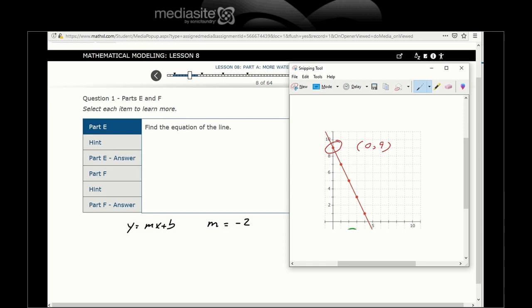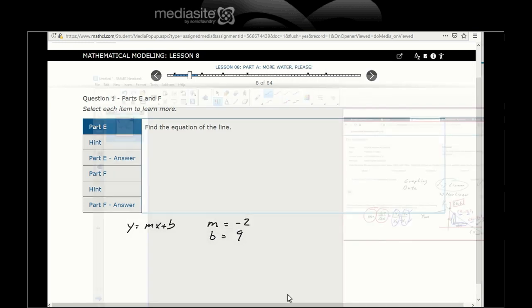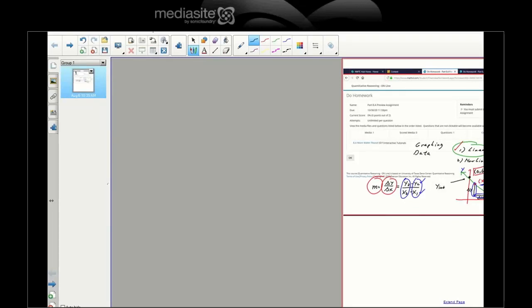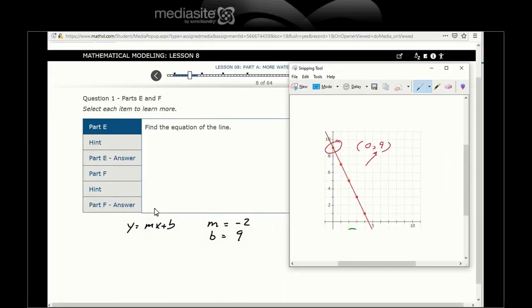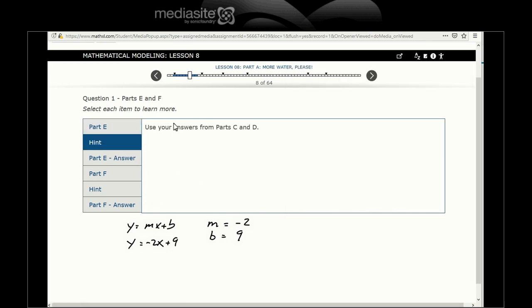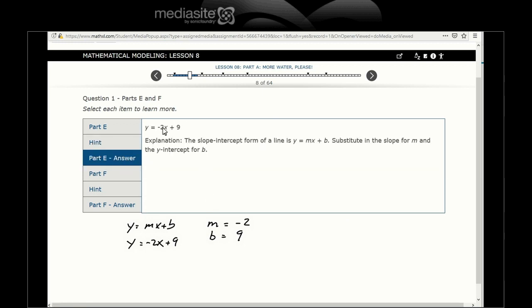And for the y-intercept, that's the value for y, which is that guy. So y would be -2x plus 9. Hint, C and D, -2x plus 9. Correct.